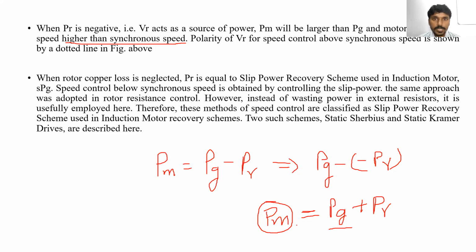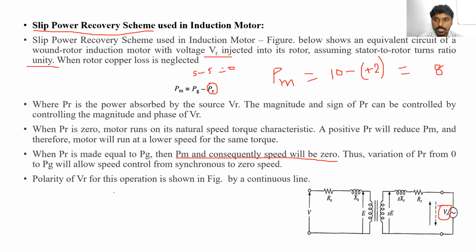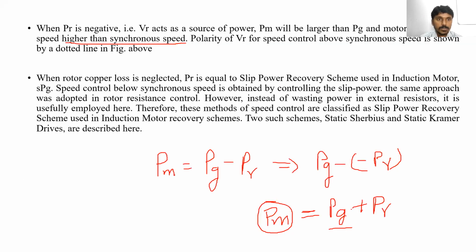Clear? The polarity of VR for speed control above synchronous speed is shown by the dotted line in the figure above. You can see here that the dotted lines represent when the speed of the induction motor is above the synchronous speed; the polarities of the rotor receiving voltage are changed. Clear? The polarities will be reversed.